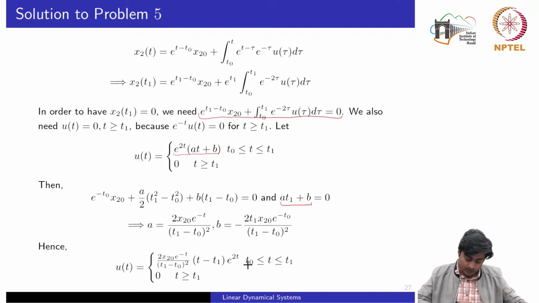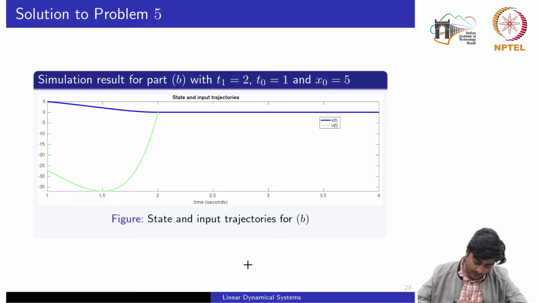This you can also visualize in these simulations, where we have specified t0 equal to 1 and x0, which is x at t0, equal to 5, and we have chosen our time window t1 equal to 2.